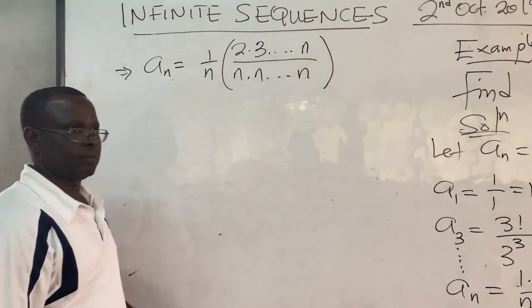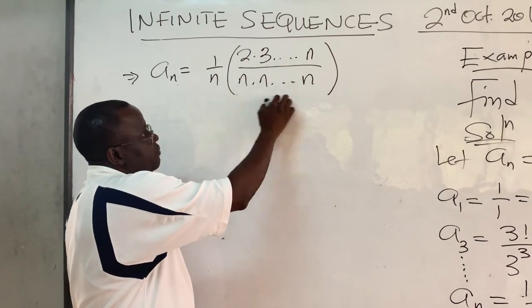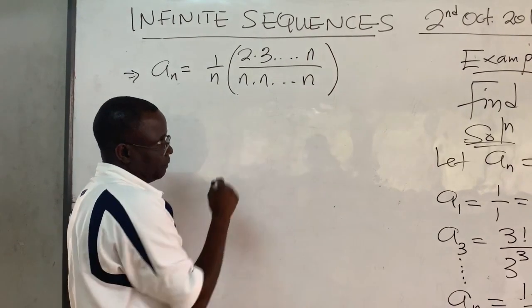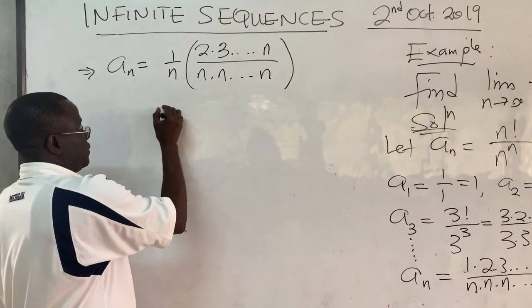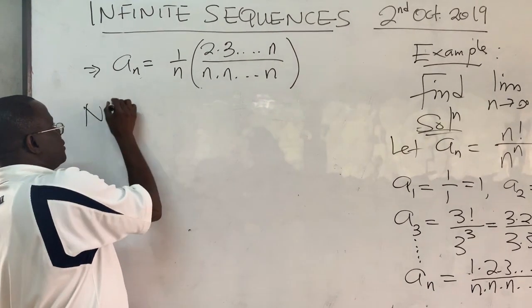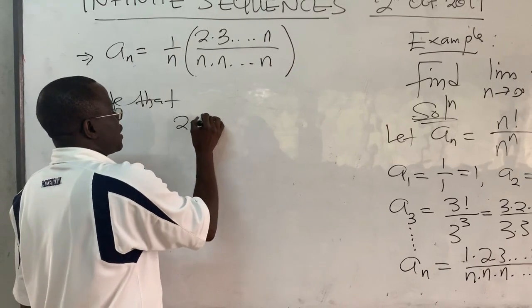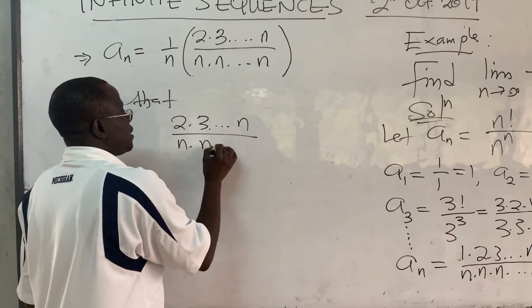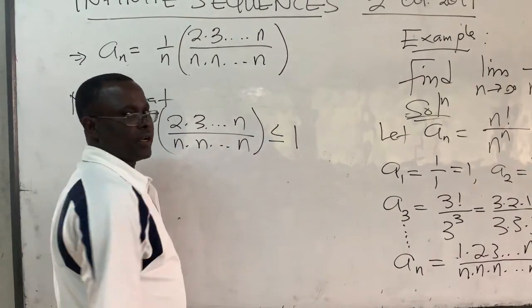Now this is important here, so pay attention. What is in parentheses, we can actually show that this quantity here cannot be greater than 1. Note that 2 over n times 3 over n up to n over n has to be less than or equal to 1.